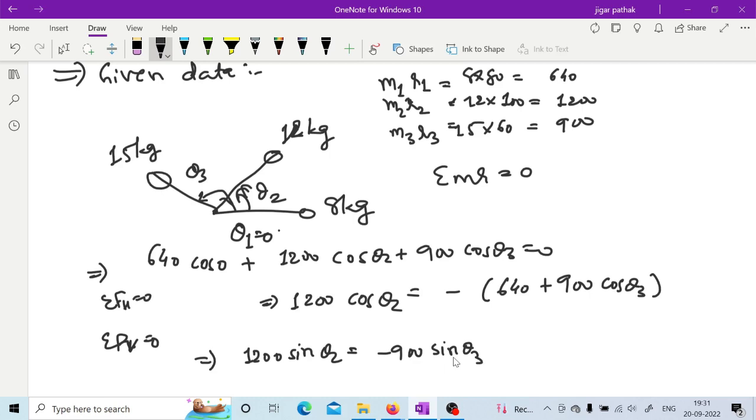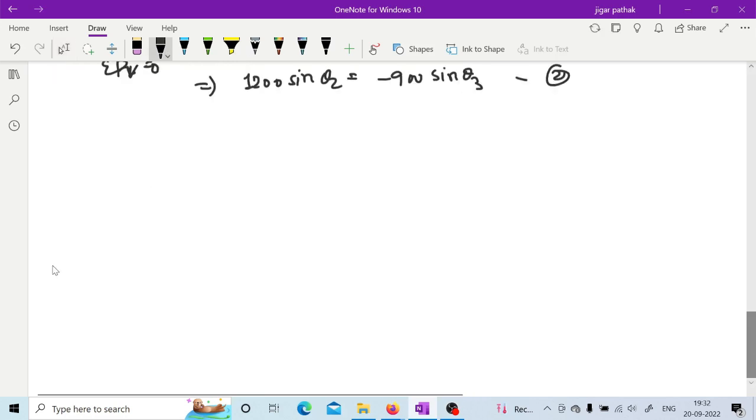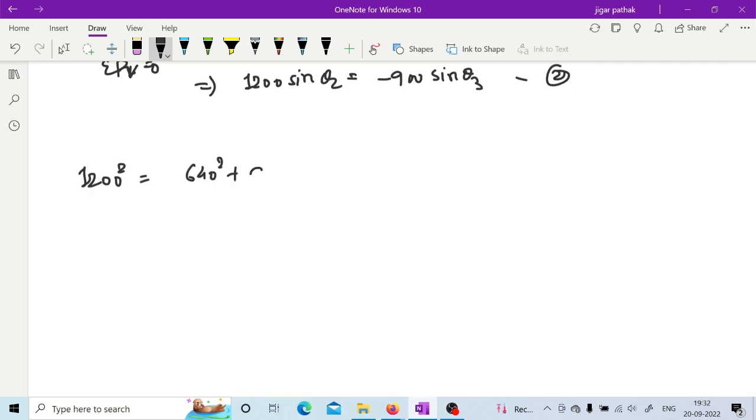So once you get this, what you can do is square and add the two equations we have got here. This is equation 1, this is equation 2. If you square and add both the equations, you are going to get 1200 square is equal to 640 square plus 900 square cos square theta 3 plus 2 into 640 into 900 cos theta 3 plus 900 sin square theta 3.